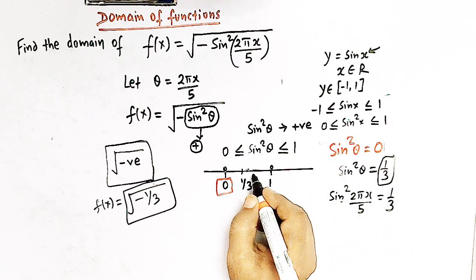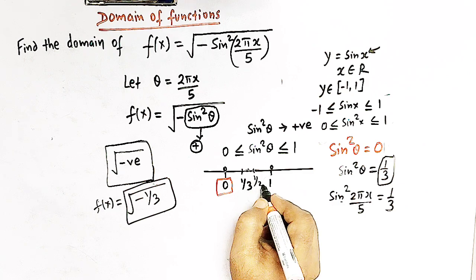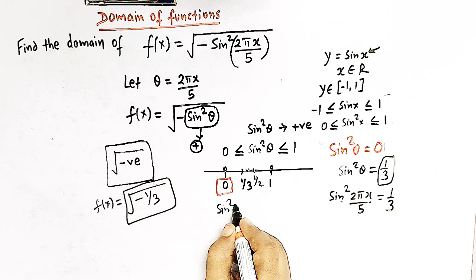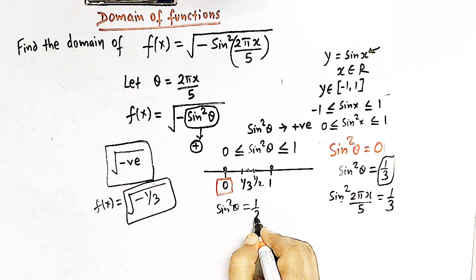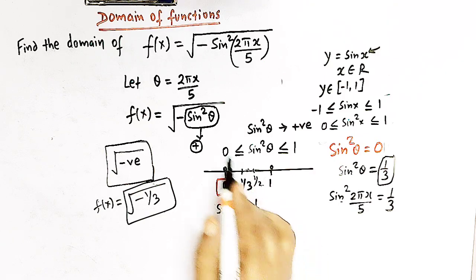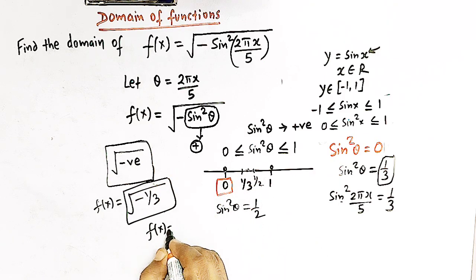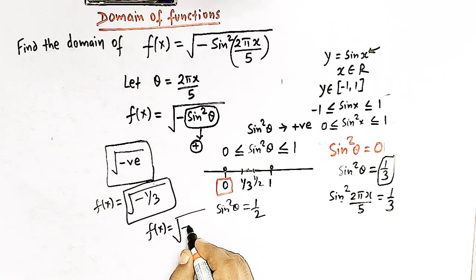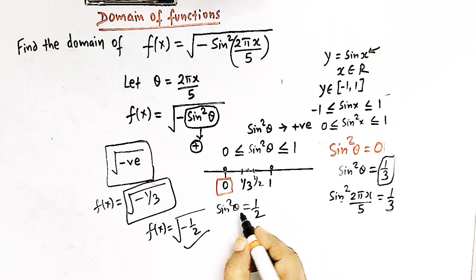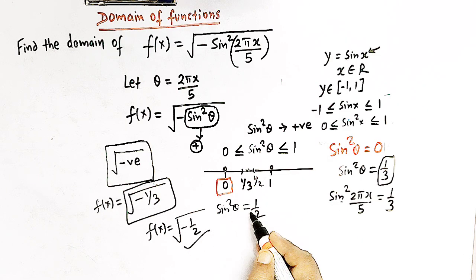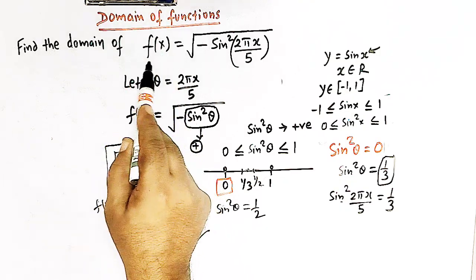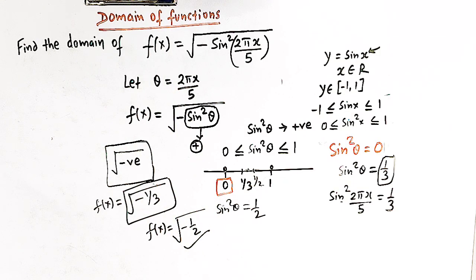For example, if we take 1 over 2, then sine square theta is equal to 1 over 2, and this is a positive number. When we substitute it over here, then f of x would become square root of negative of half, and this is a complex number. So there is no value of x for which sine square theta is equal to half, so that we can define this function f of x, right?